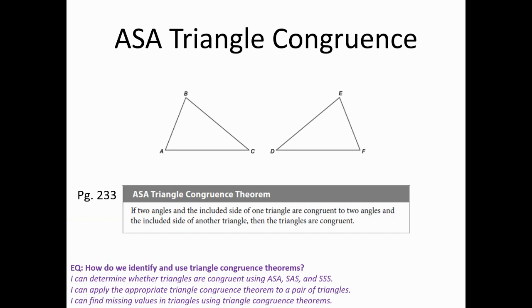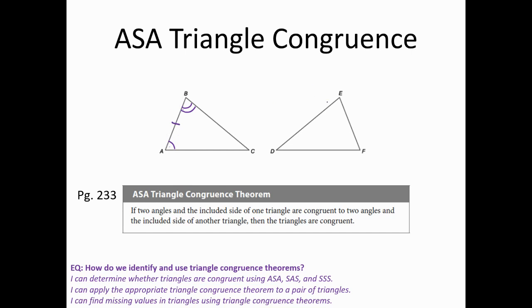It says if two angles and the included side. So here's what I would say. Here's an angle and an angle. So please mark that on your diagram. And the included side, that means the side that goes between the two angles. So the angles, angle A and angle B, and then the side between them is side AB.